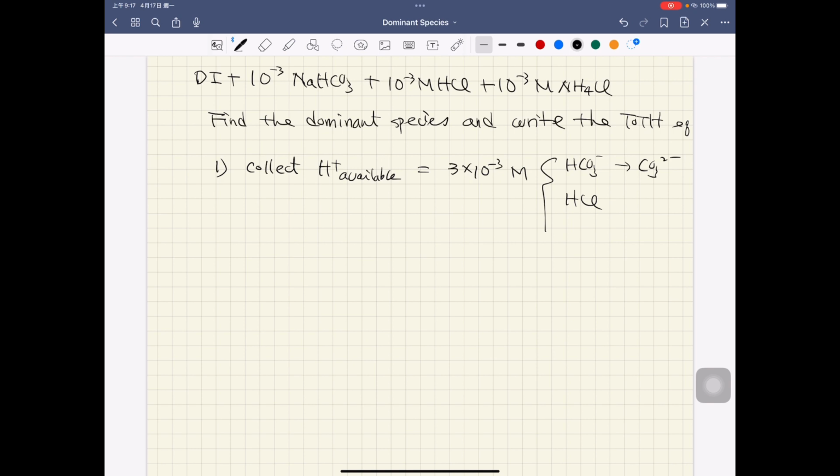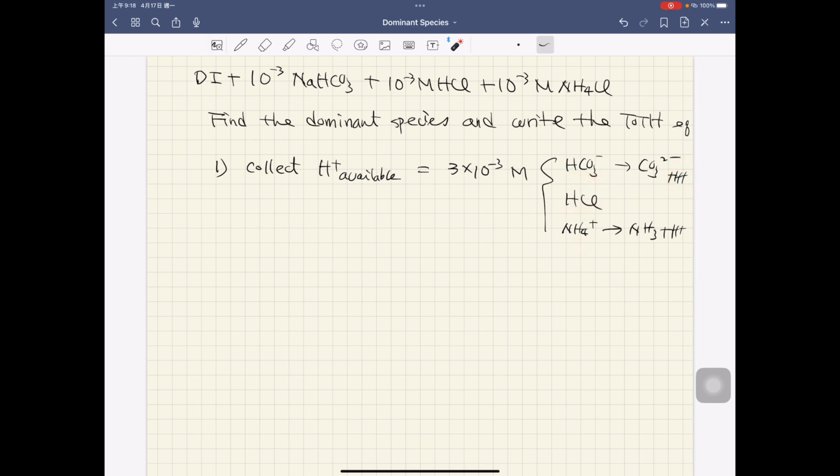This HCl you put into the solution, the H plus automatically dissociates. Now the third one is from NH4 plus, right? That NH4 plus will go to NH3, and you have H plus over there as well. So now you see, I collect 10 to minus 3 H plus from bicarbonate, from hydrochloric acid, and from ammonium, okay?